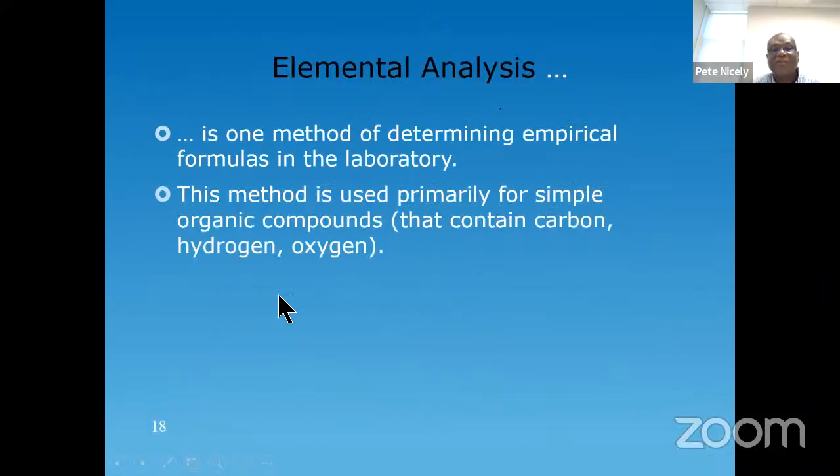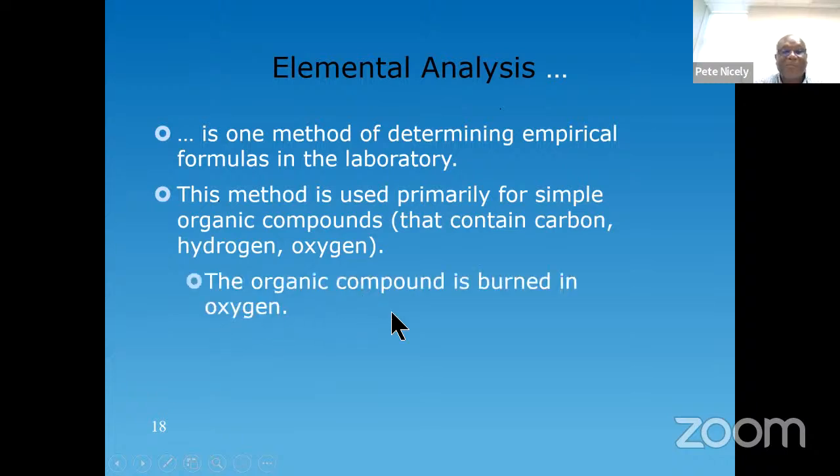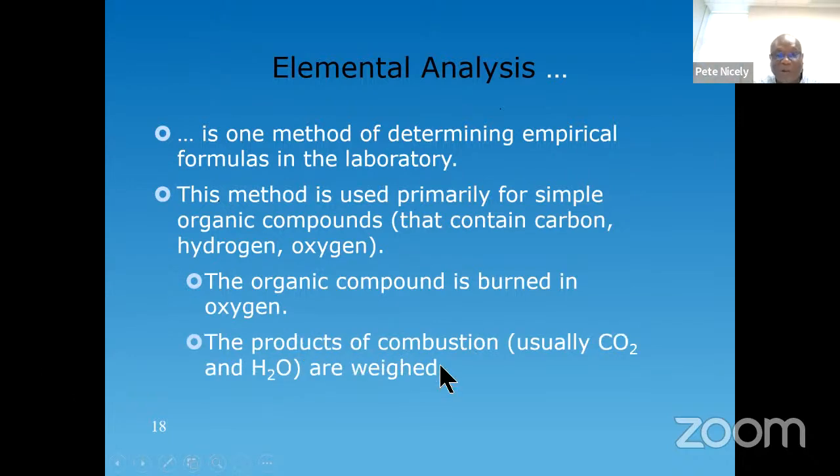Okay, so how do we carry out this elemental analysis, which allows us to determine the percentage data? Now, let me just say that the method that I'm about to describe here works for simple organic compounds that contain carbon and hydrogen and oxygen and maybe some other elements. Basically, the organic compound is burned in oxygen. In other words, we're talking about a combustion reaction, and therefore the products of that reaction will be carbon dioxide and water.